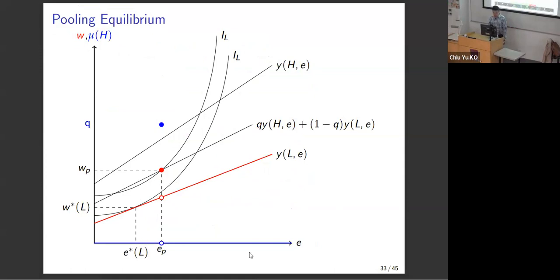So what this graph shows is the following. This is the productivity, and it's linear, we assume it to be linear for simplicity. And this is average productivity, also a line. And what is the pooling equilibrium? You have to pick one point here, because of Bertrand competition, the wage must be somewhere on this line.